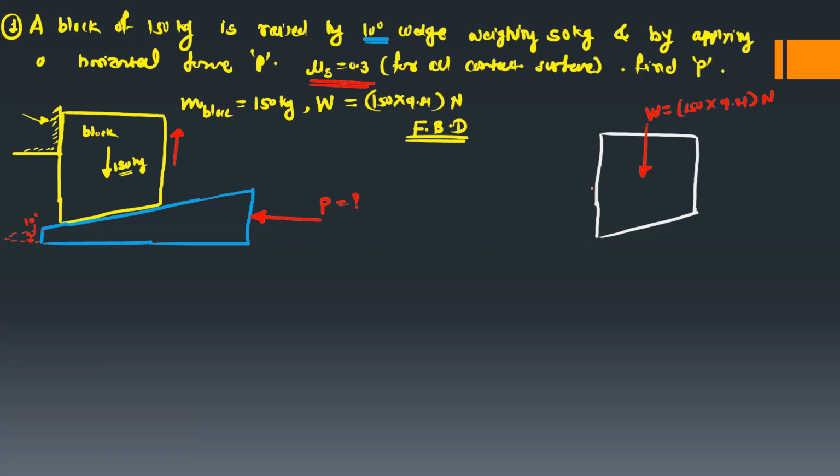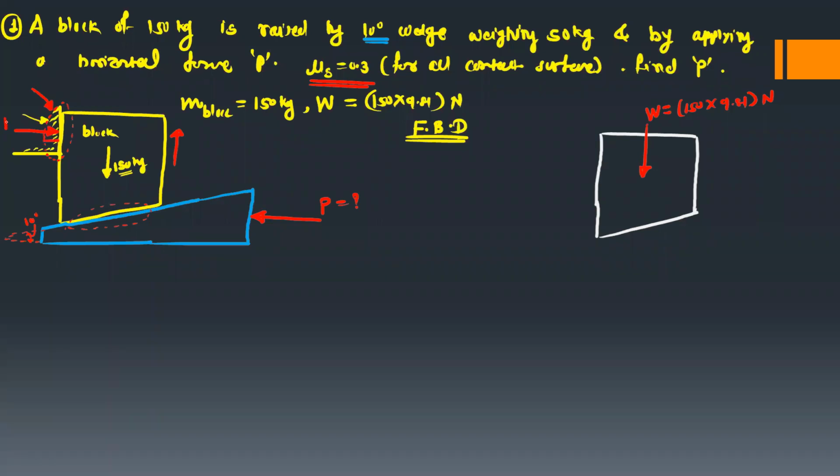Then the second force: observe the contact surfaces. This block is having two contact surfaces. One is the contact surface between the wedge and the block, and the second contact surface is between the block and the vertical wall. Each contact surface will offer one normal reaction. At this contact surface, there is one normal reaction, exactly perpendicular to the contact surface.